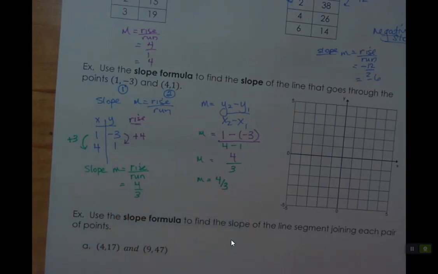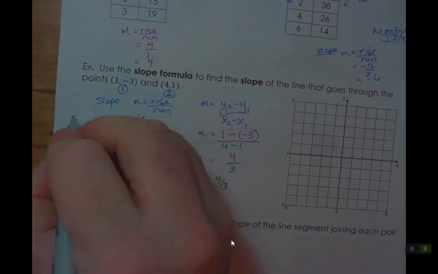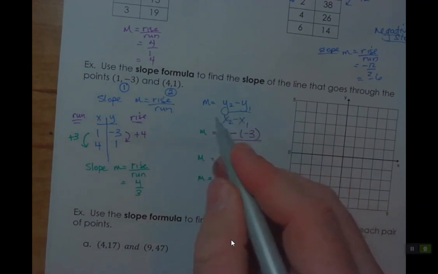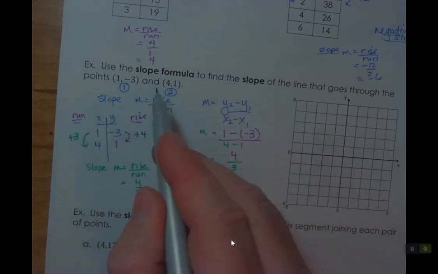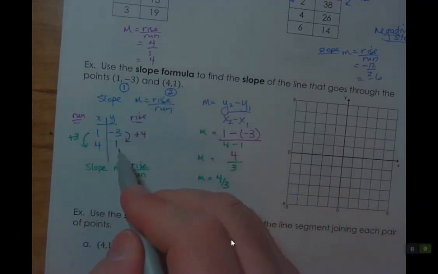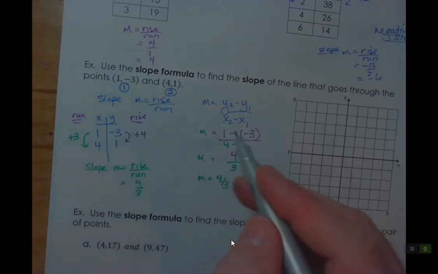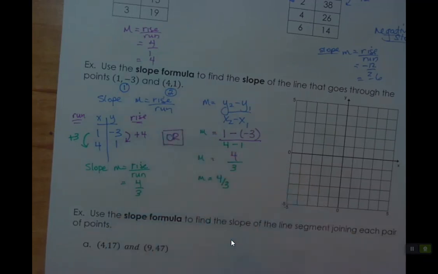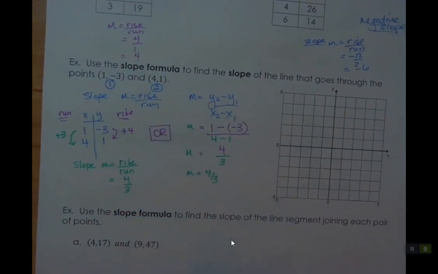So different ways of doing it. Some people will like the idea of the formula. Some people will like to take these points into a table and do the same thing. You choose. Or is the big word here.